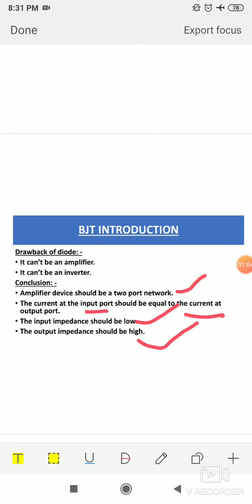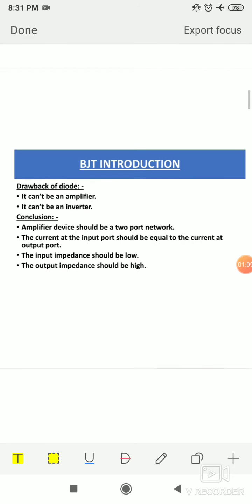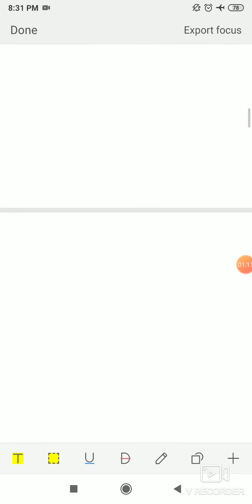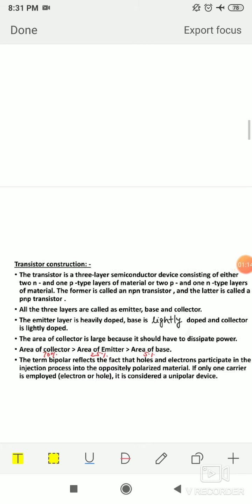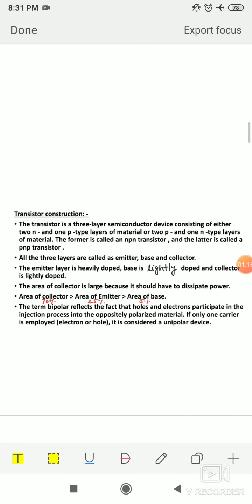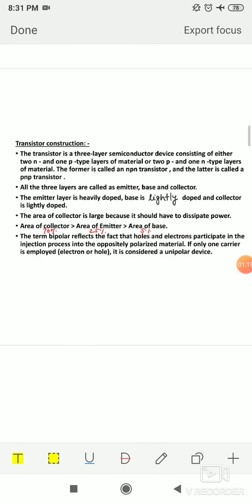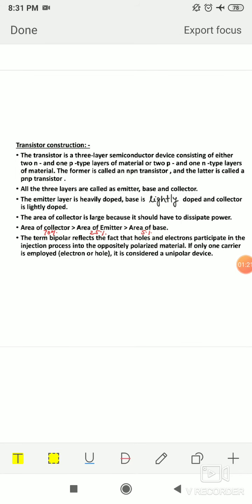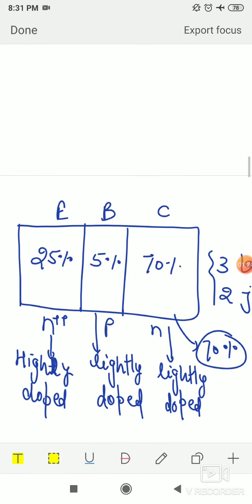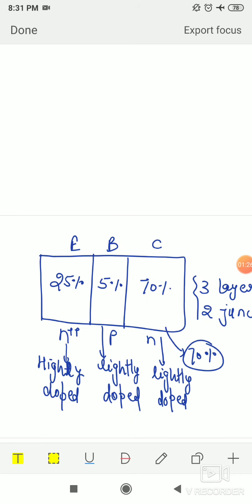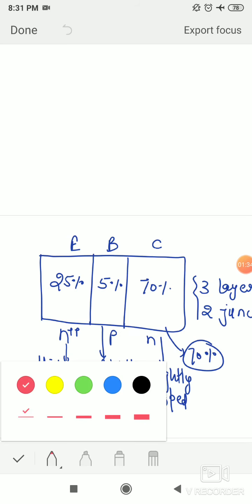So we check whether the input impedance is low or high in a BJT. What is a BJT? The transistor has three layers, namely emitter, base and collector, and two junctions.